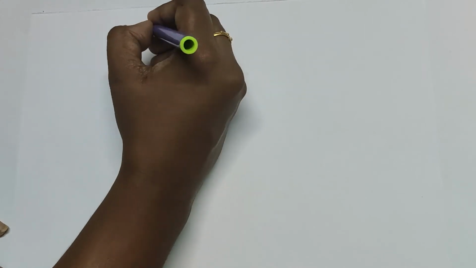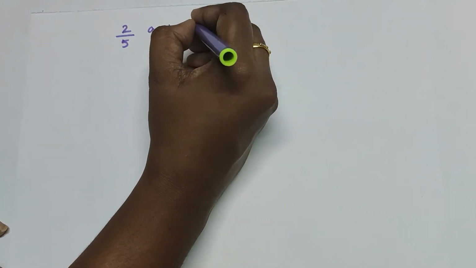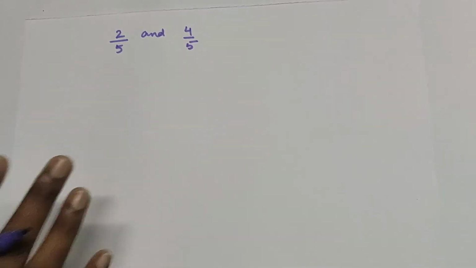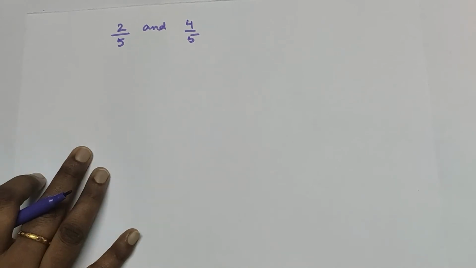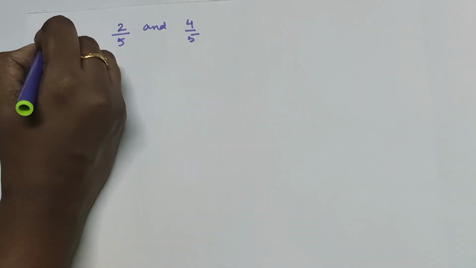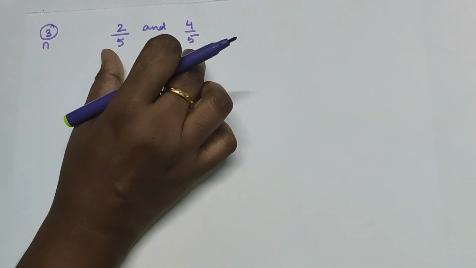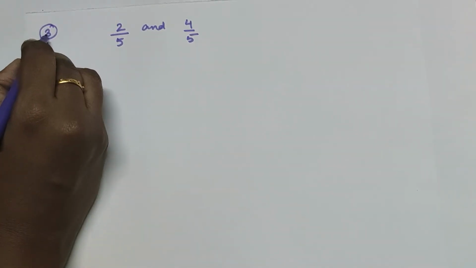For example, I have to insert rational numbers between 2/5 and 4/5. The denominators are the same. When the denominator is the same, it becomes easier. If the question asks to insert 3 rational numbers, this value becomes n, and as the denominators are the same, we'll add 1 to the number it is asking us to insert.